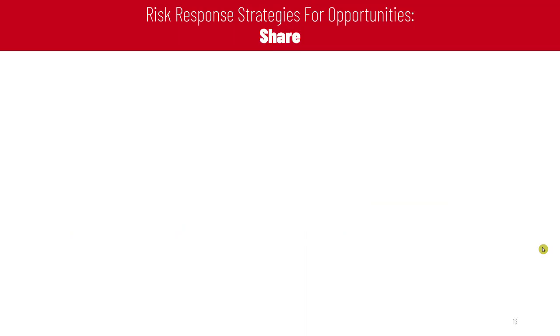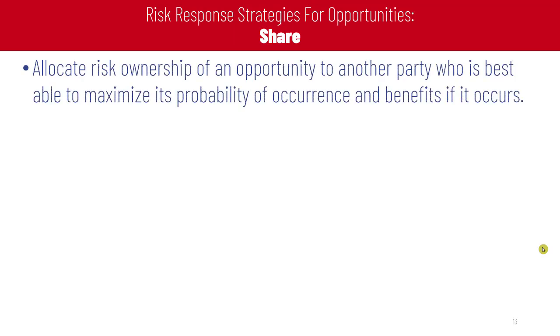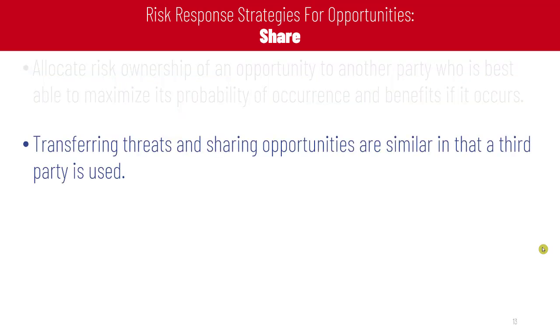The second risk response strategy for opportunity is share. Allocate risk ownership of an opportunity to another party who is best able to maximize its probability of occurrence and benefit if it occurs. Transferring threats and sharing opportunities are similar.